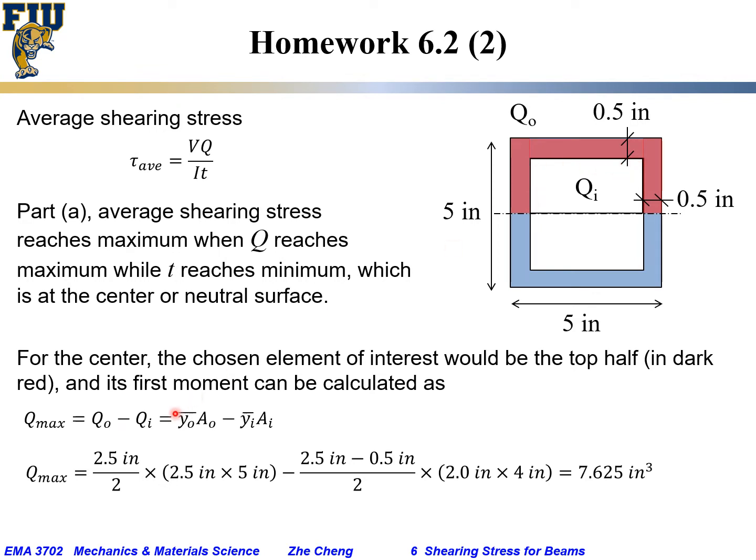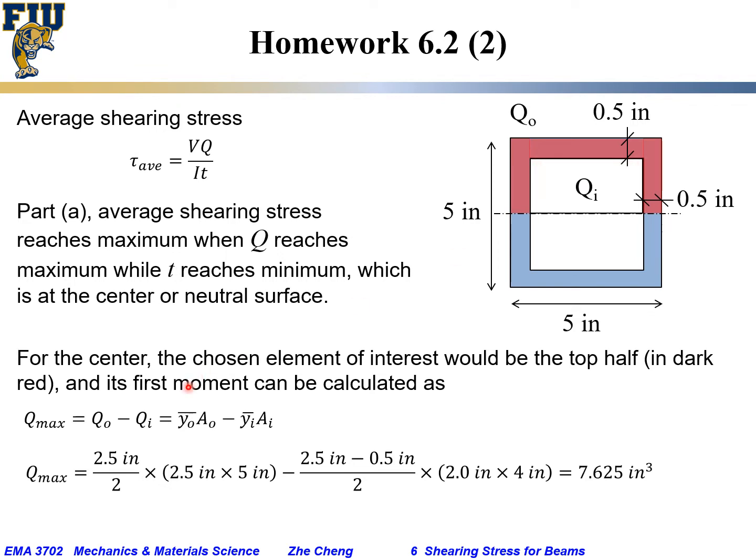Okay, and the first moment would be y bar times area for outer minus y bar times area for inner. Again, outer would be for this 2.5 by 5, inner is 2 by 4.